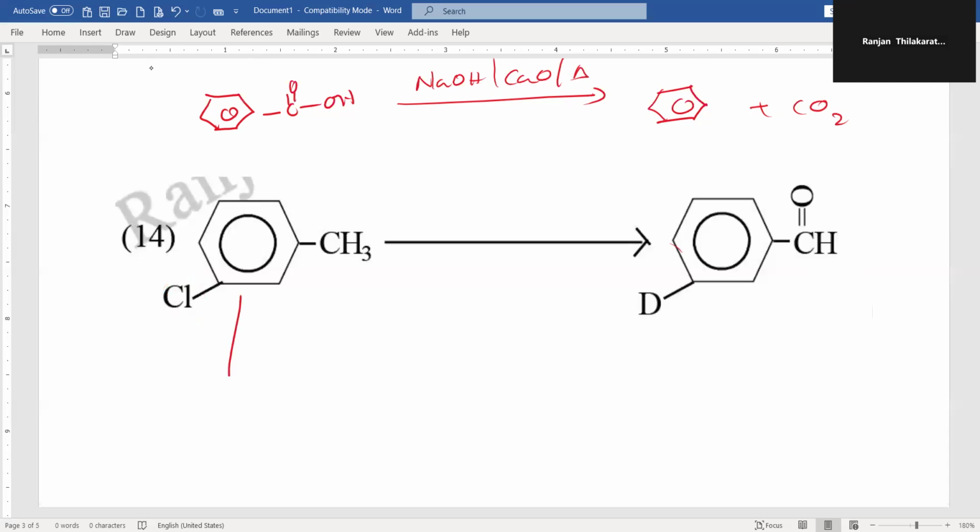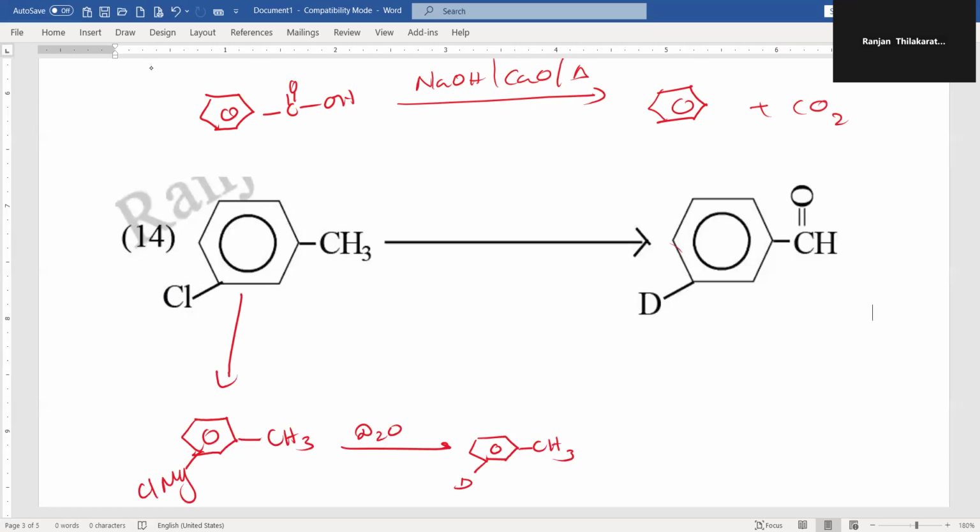So first you can convert this into MgCl, and here you have CH3 group. Then you can add D2O, and then you will get D atom attached to that, and then CH3.